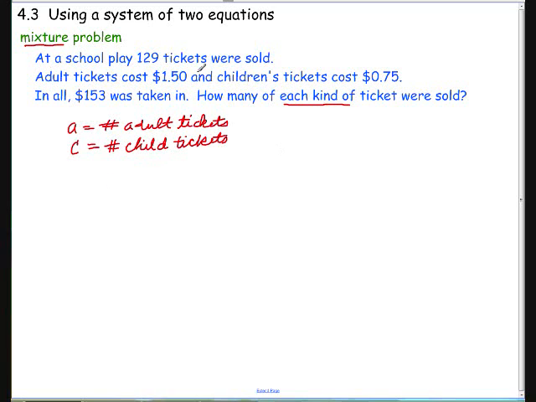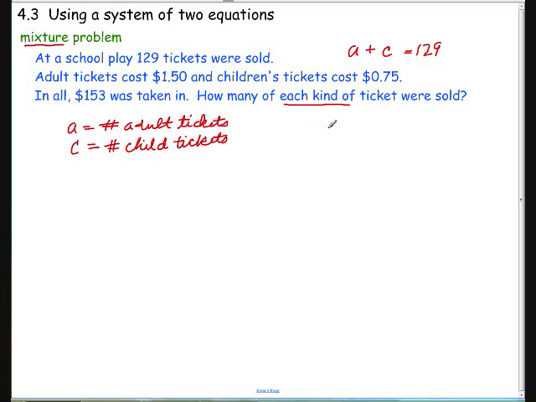Well, we're going to go back and look at these sentences and see if we can convert them into equations which use A and C. I know that in total we sold 129. I also know that we were only selling adult tickets and children's tickets. So the number of adult tickets, A, plus the number of children's tickets, C, must equal 129.